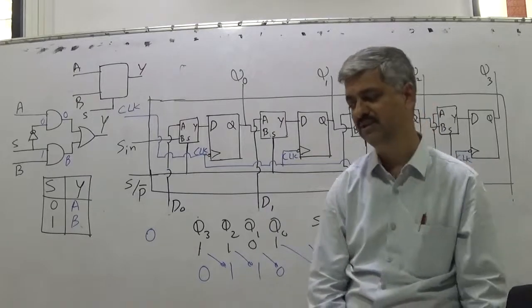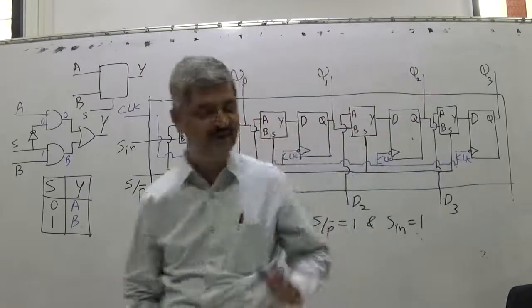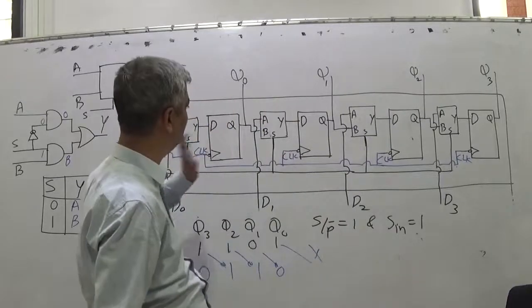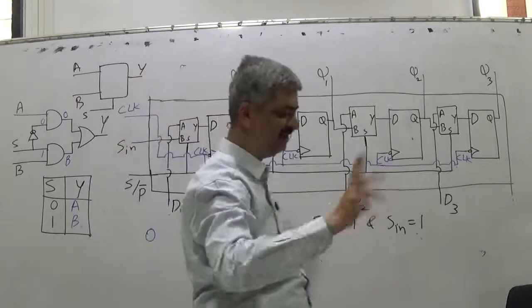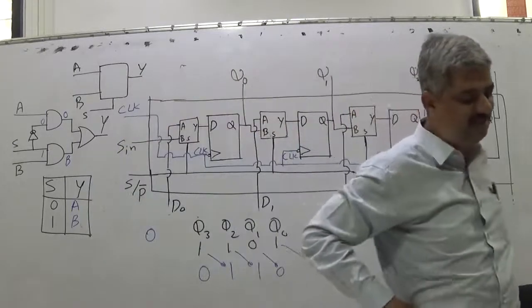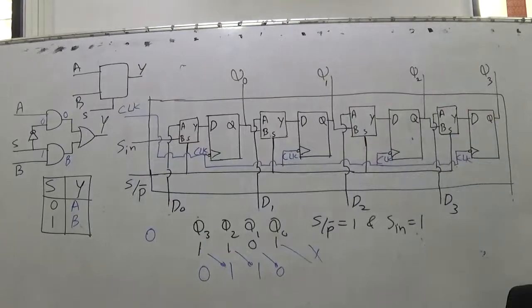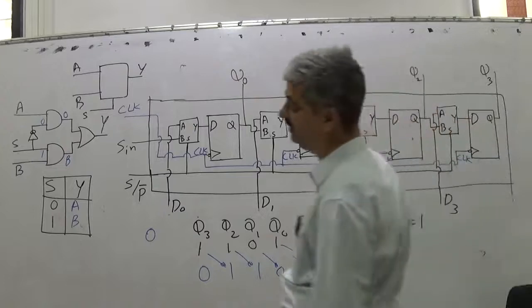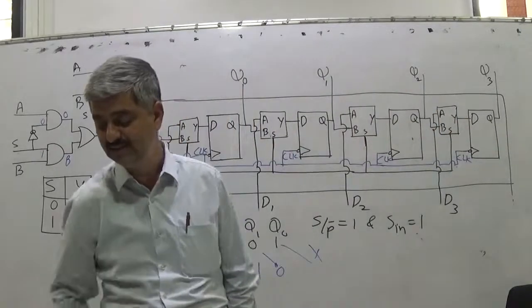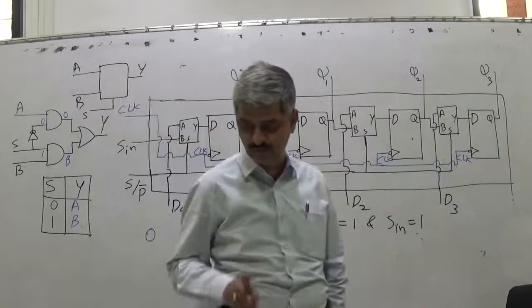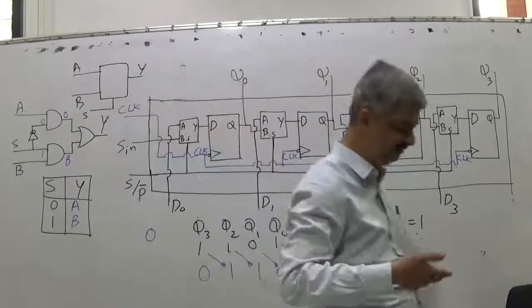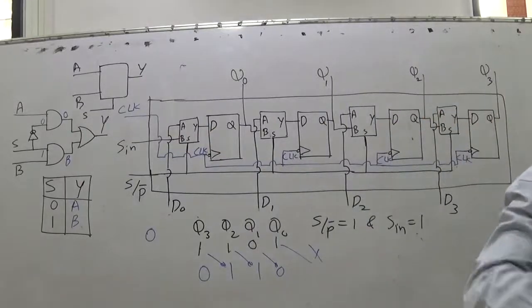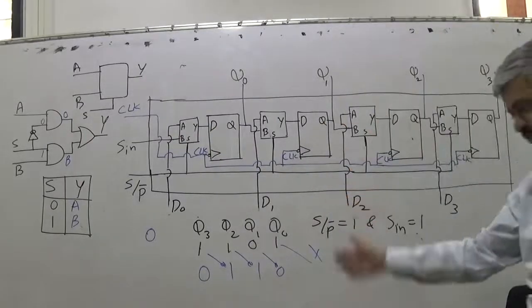So the question is, without making any changes in the internal hardware, by making some external connections, will it be possible for you to achieve the loading of the shift register in a reverse manner, that is right shift? So we have seen 2 modes of operation. Number 1, parallel mode. In parallel mode, D0, D1, D2, D3 appear on Q0, Q1, Q2, Q3.